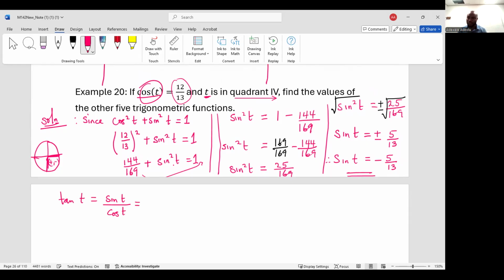So sine of t is negative 5 over 13 divided by cosine of t, which is 12 over 13. So we have negative 5 over 13 times 13 over 12. And our answer is negative 5 over 12. Done.